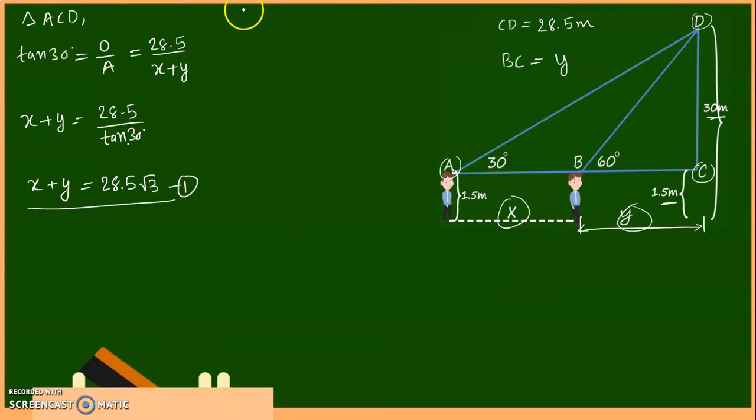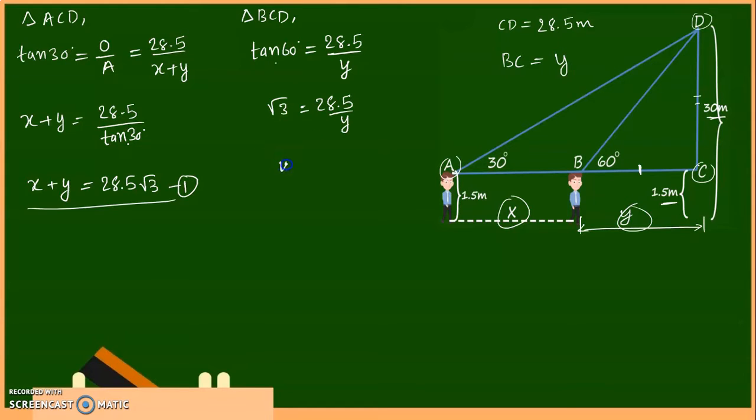Now consider the other triangle, the smaller triangle BCD. Here we can write the formula for tan 60, which will be equal to the opposite side, that is 28.5, divided by the adjacent side, that is Y. This is the adjacent side, this is the opposite side. The value of tan 60 is root 3.